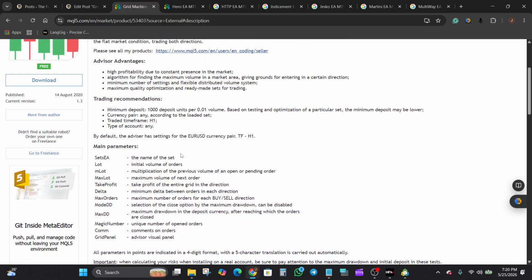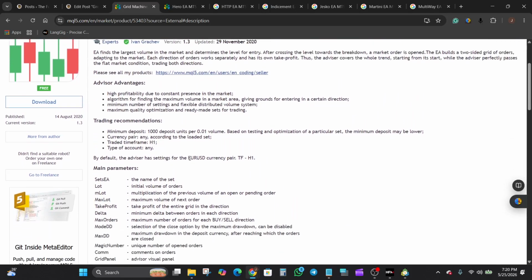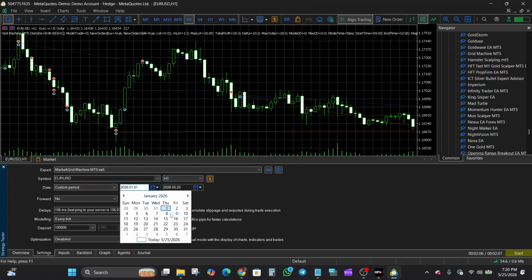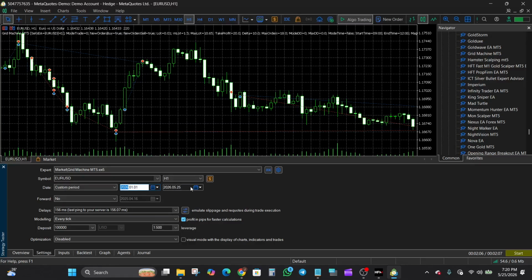So we are going to be testing the grid machine EA on Euro USD on the H1 time frame. All right, this is the grid machine, Euro USD symbol, H1 time frame. We are running the test from the beginning of the year, 1st January 2026 till date, to get reasonable data for the back testing, okay? And for the delays, we are using the last ping to the server, the every tick modeling.